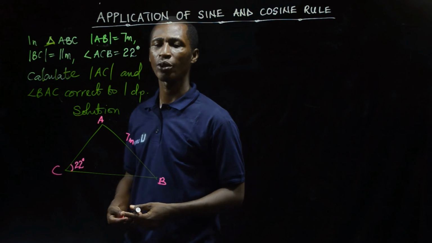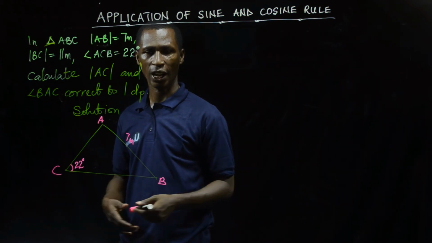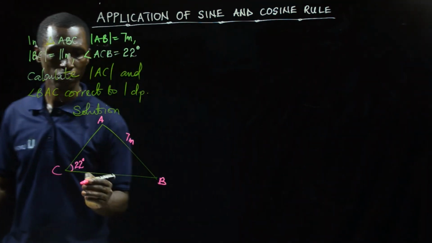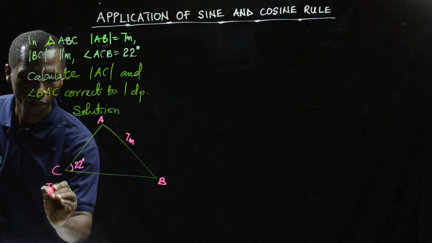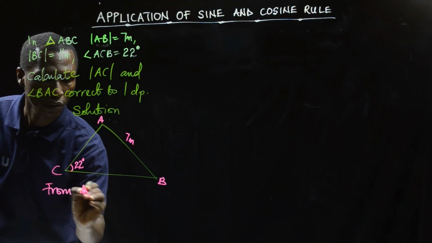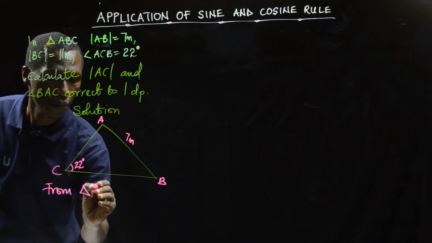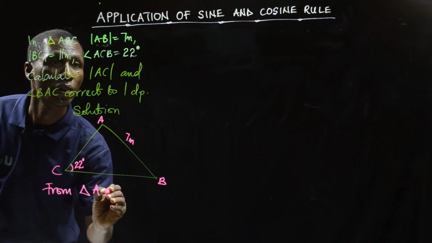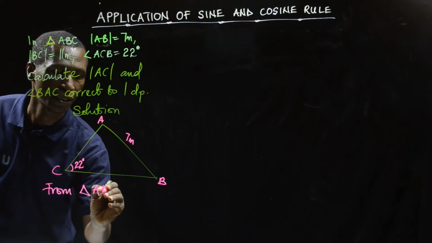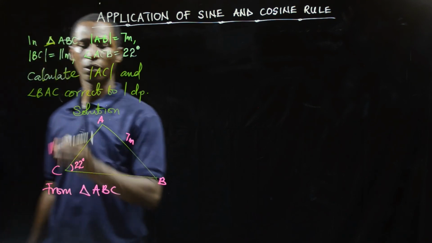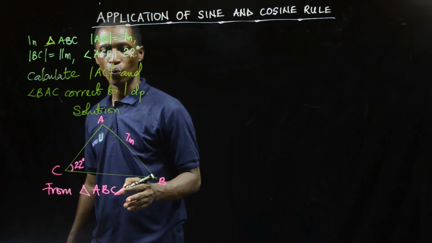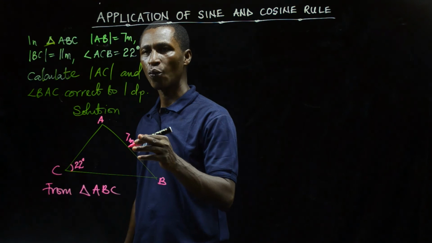So what we do now is use the cosine rule. From triangle ABC, what length are we looking for?